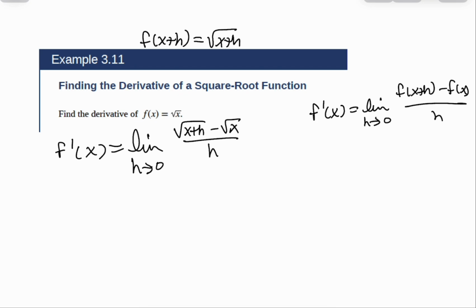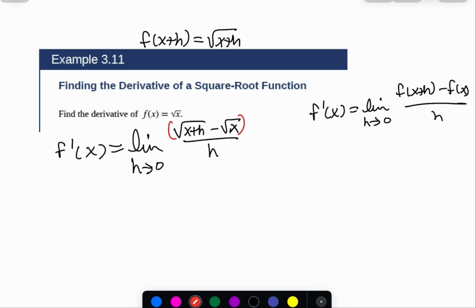To manipulate the algebra, get in the habit of surrounding any place with more than one term with parentheses, and we are going to multiply by the conjugate. Now the conjugate only changes the sign we see right there.